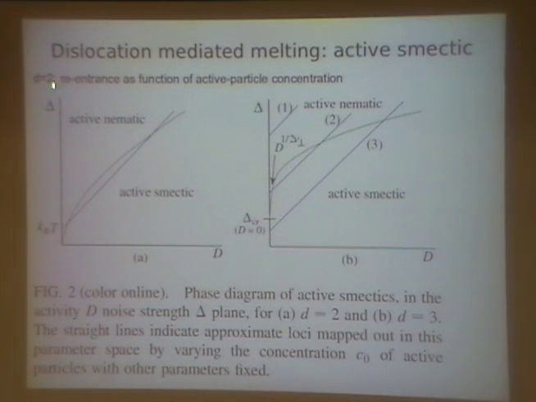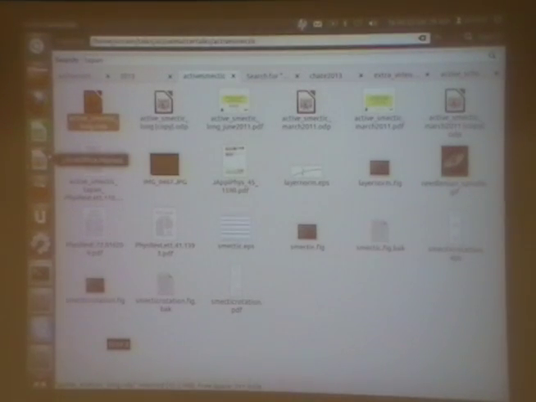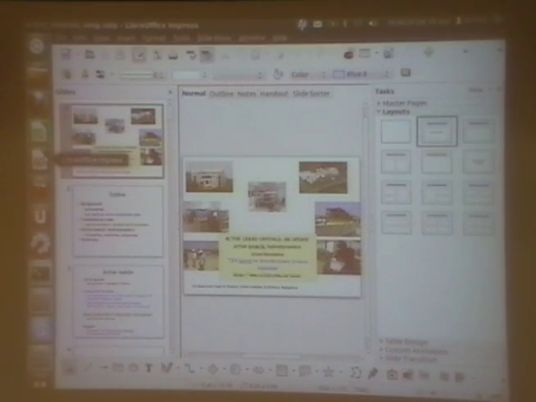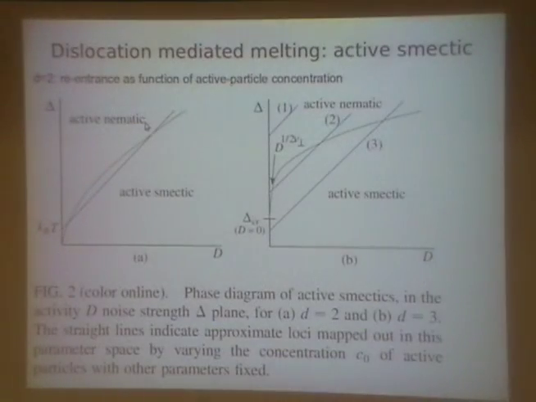So this is noise strength, and the noise is not necessarily temperature, but temperature plus active noise. And this is that coefficient B, the coefficient of the tilt modulus term, the q squared term in the layers.